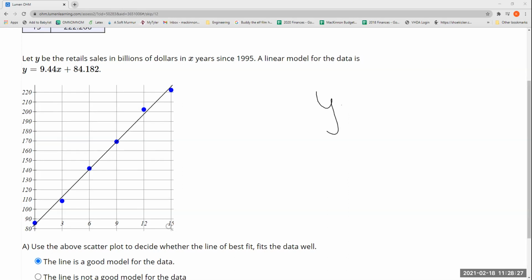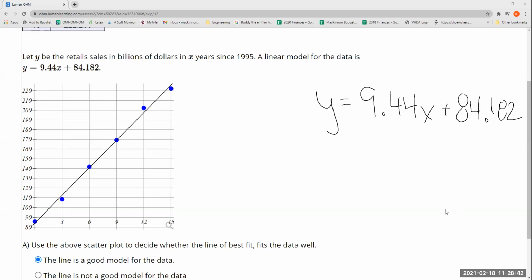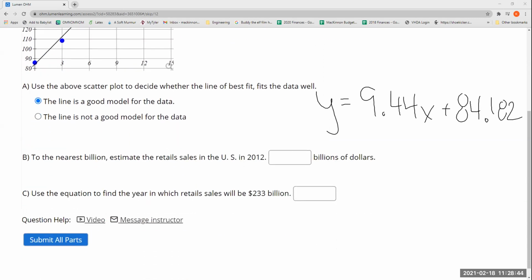This is some zoom technique that's a little bit above my station. There we go. All right, so now it's weird because it writes on the screen that the screen is fixed. It's super strange. So what we're going to do is we're going to estimate the retail sales in 2012.